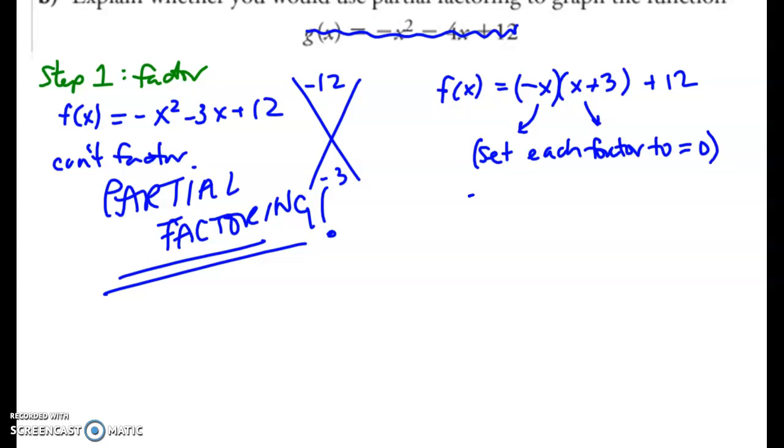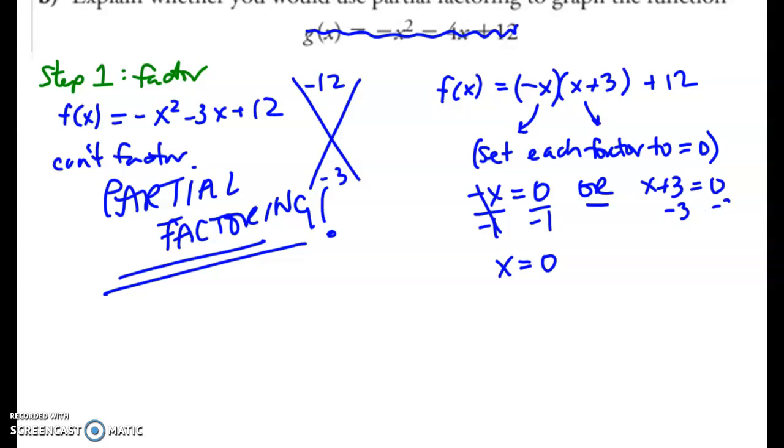Okay, so we want negative x to equal 0, or we're going to say x plus 3 can equal 0. And then we want to solve that. So if we have a negative 1 multiplied by x here, we divide by negative 1 to solve it, and x will be 0. In this case, we subtract 3 from both sides to solve, and x is going to be negative 3.